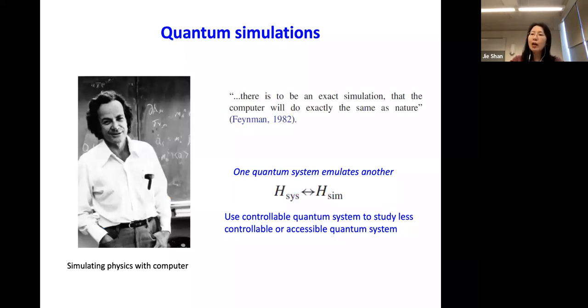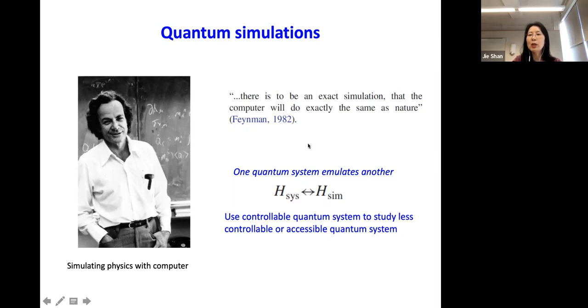So this kind of tunability and controllability makes moire material a very attractive platform to discover new quantum states, and it can also be used as a quantum simulator. This idea of quantum simulation was first brought up by the physicist Richard Feynman.